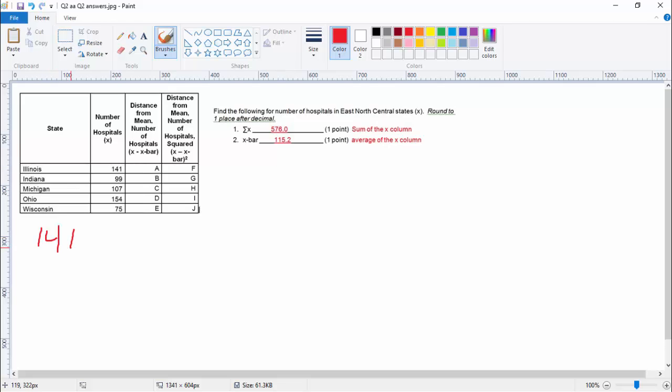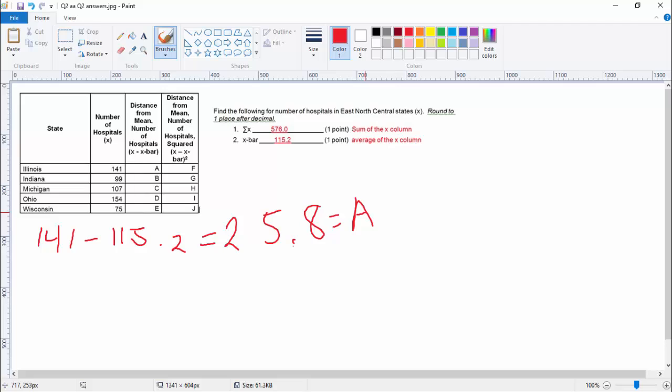So you do 141 minus x bar, which is 115.2, right? And I did this before, so I already did that. I'm not really this quick. And I got 25.8. There we go. Okay, so that would equal, I guess, A.